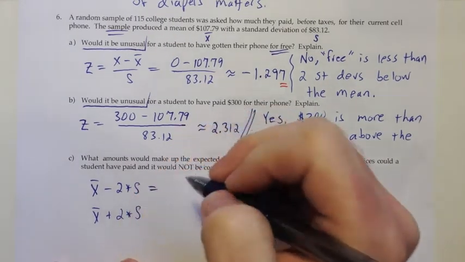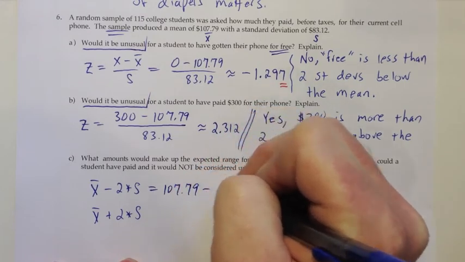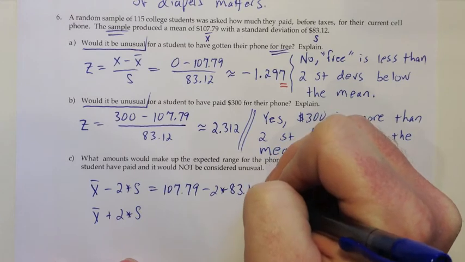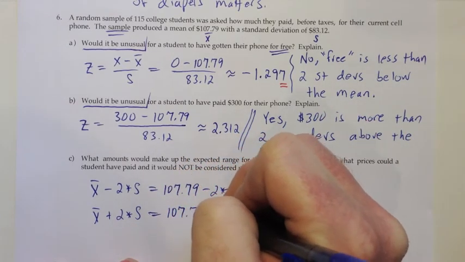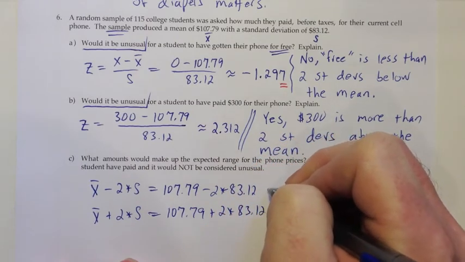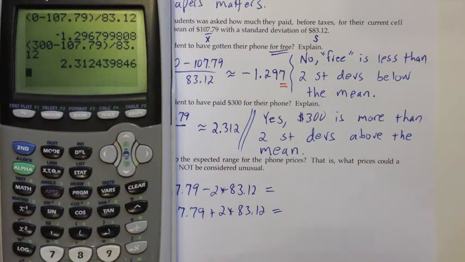And just plugging the numbers in there, that's going to be 107.79 minus 2 times the standard deviation, which is 83.12. And then here we would do the exact same thing, but we would use a plus sign. And then I'm going to go to the calculator for both of those. So 107.79 minus 2 times 83.12.